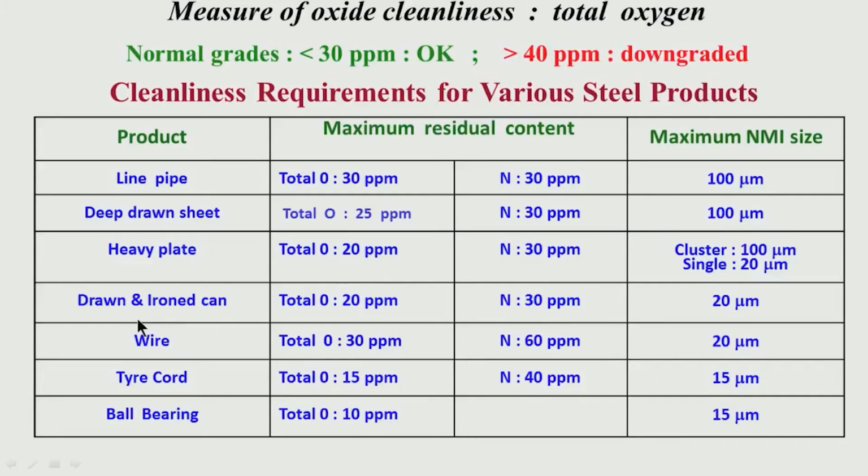It cannot be processed for drawn and ironed can either, because here also the requirement is 20 ppm. When you are producing tire cord or ball bearing steel from cast billets, we should know the level of total oxygen and then decide whether these billets can be processed to these stringent requirements. Otherwise, suppose total oxygen is 30 or 35 ppm, what do we do?